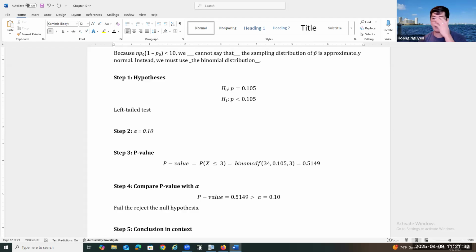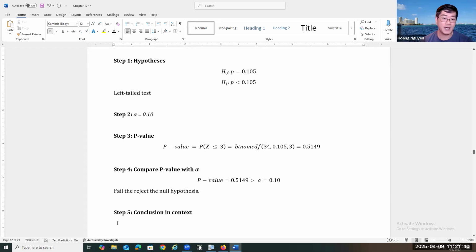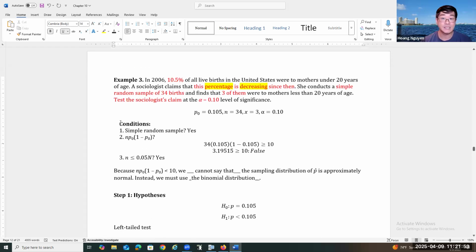If you fail to reject the null hypothesis, it means that the null hypothesis is still true, and that the alternative hypothesis is not supported. So for the final conclusion, we say there is insufficient evidence to conclude that the percentage is decreasing since then.